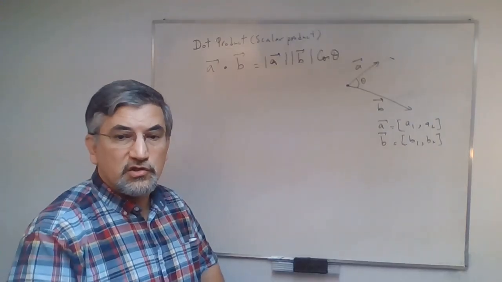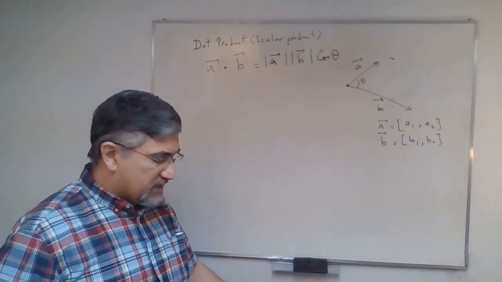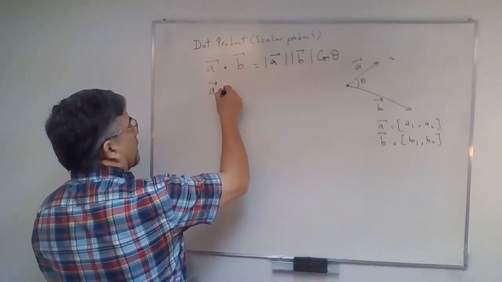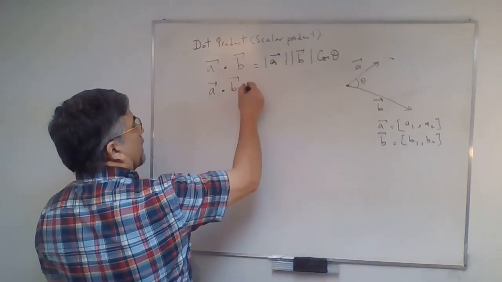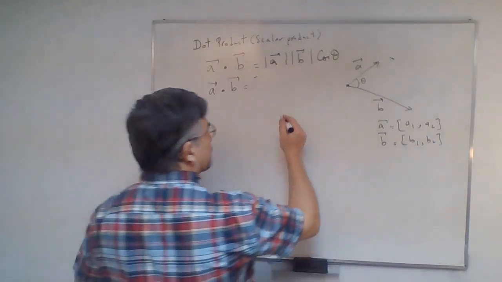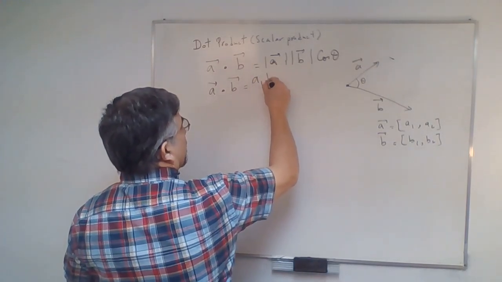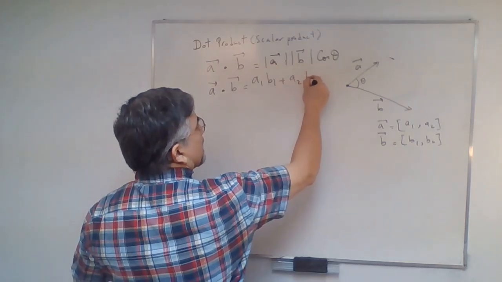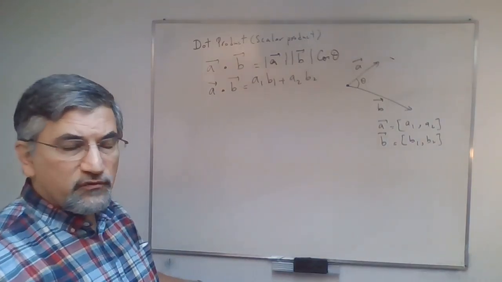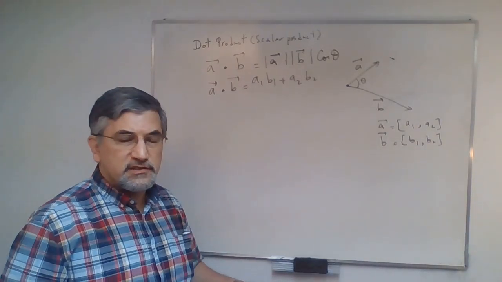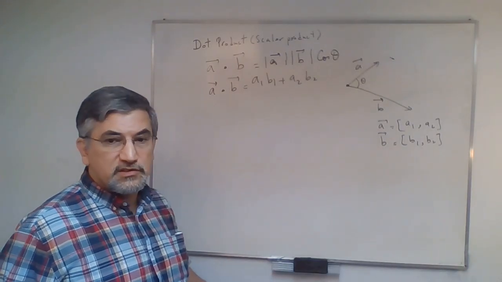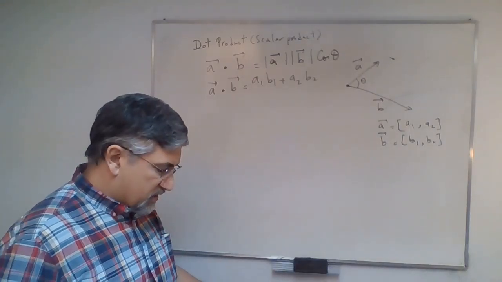Sometimes the vectors are in Cartesian or algebraic form, and in that case, the dot product of the two vectors can be defined as the expression A1 B1 plus A2 B2. And this, of course, can be proved, but considering the circumstances, we don't have time to prove the formula, but that's what it is. It's also in the textbook. You can easily read that.